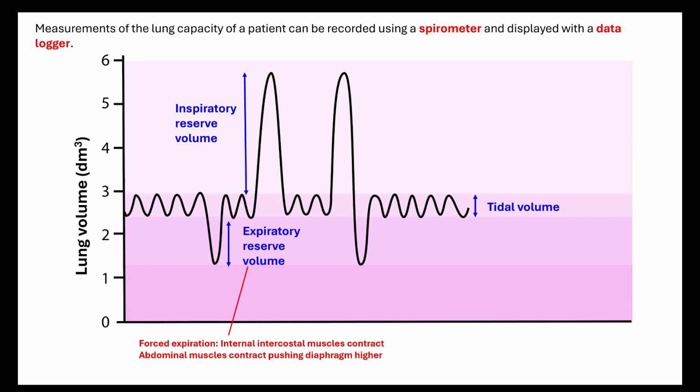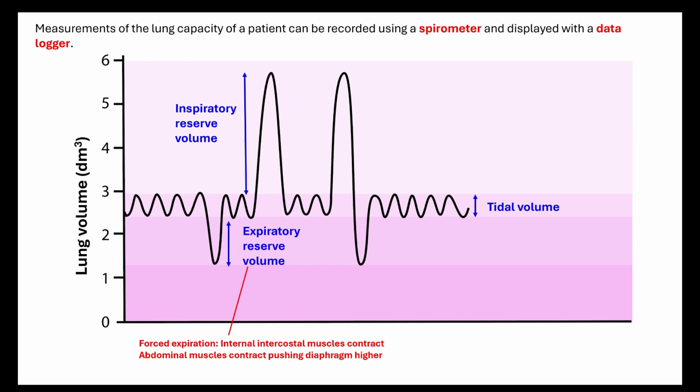Well, normal breathing in and out at rest is with your tidal volume, where your external intercostal muscles are contracting and then relaxing. If I want to force the air out, like really push it out, then my internal intercostal muscles are contracting and my abdominal muscles are contracting.